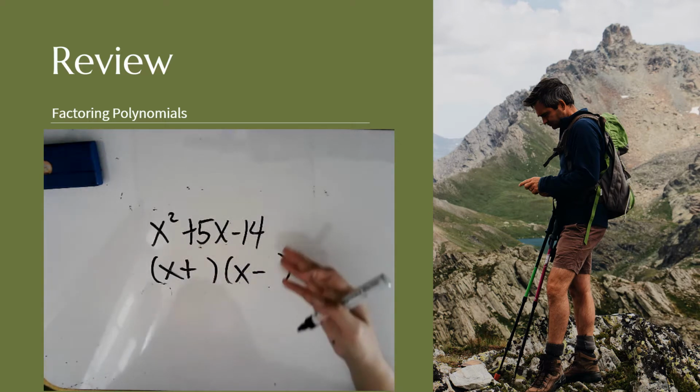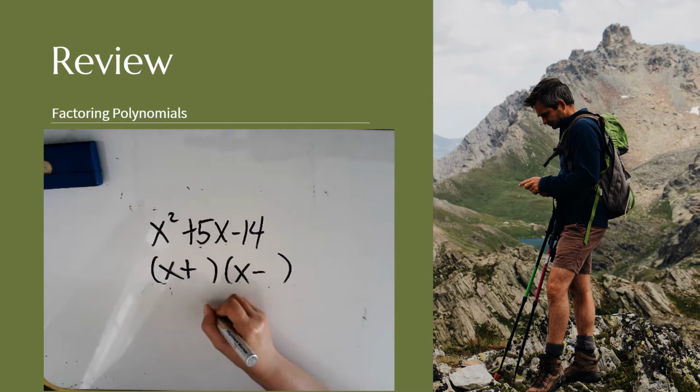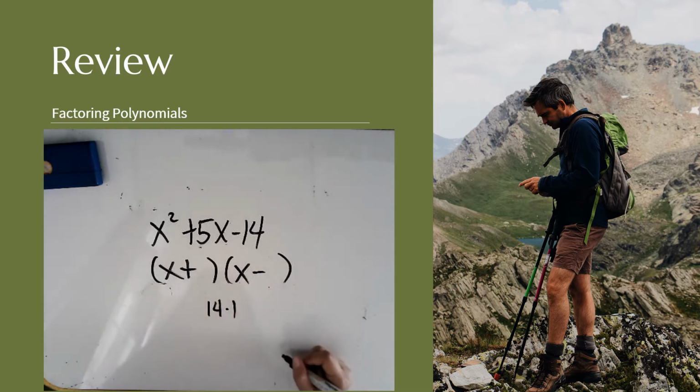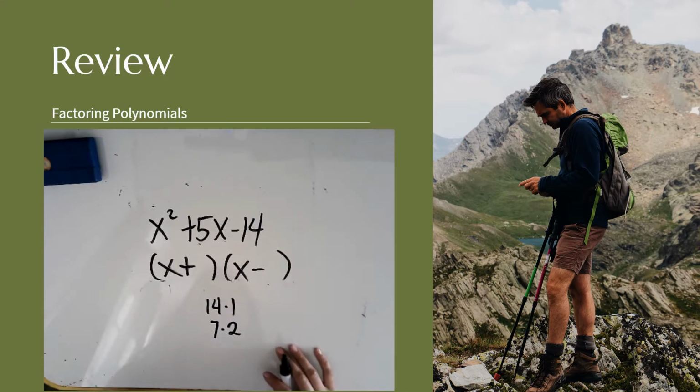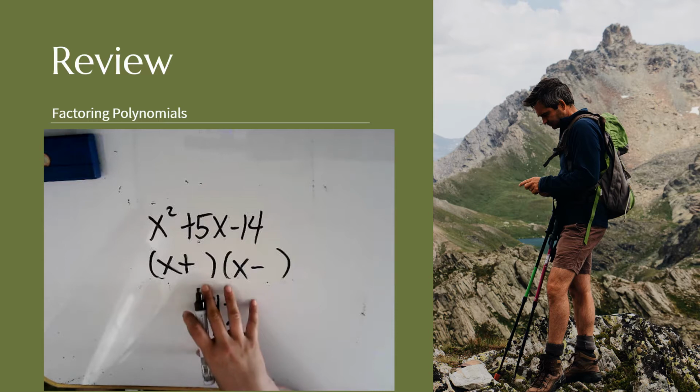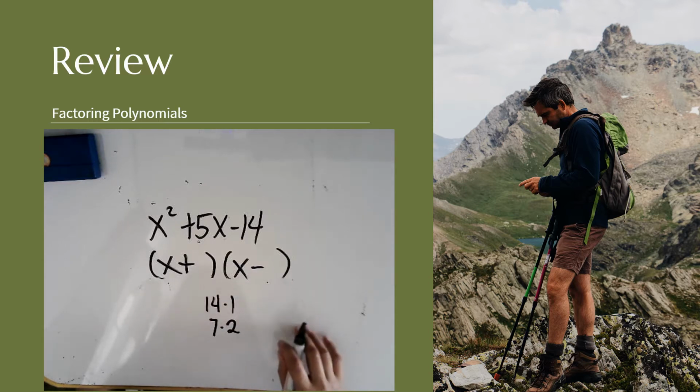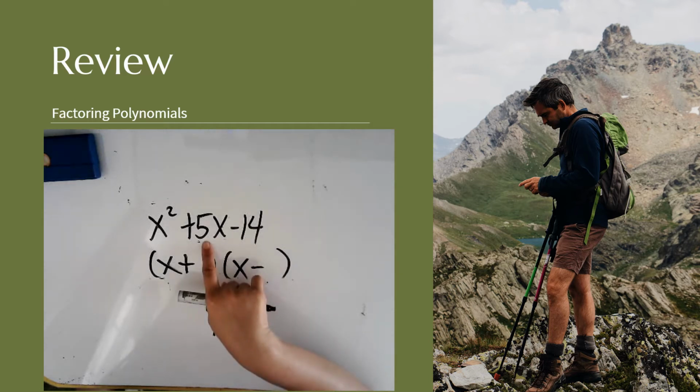So what are the factors of 14? The factors of 14 are 14 and 1, because 14 times 1 is 14, and 7 and 2, because 7 times 2 is also 14. But which pair will lead us to 5?